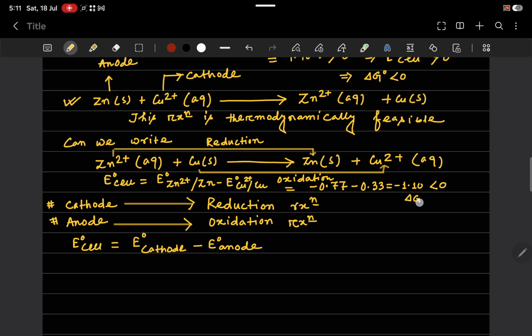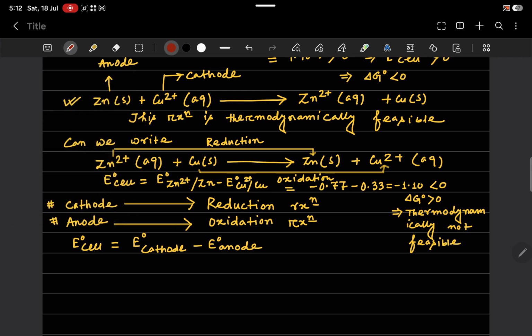Delta G is greater than 0, that means the reaction is thermodynamically not feasible.